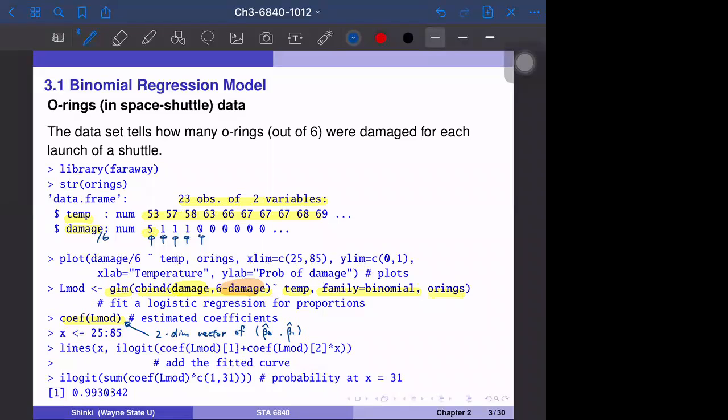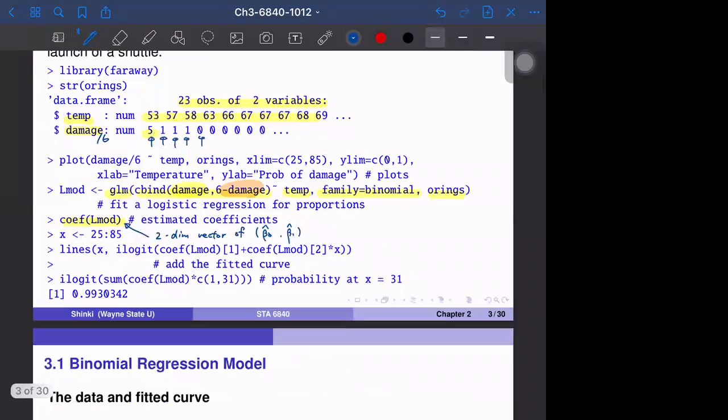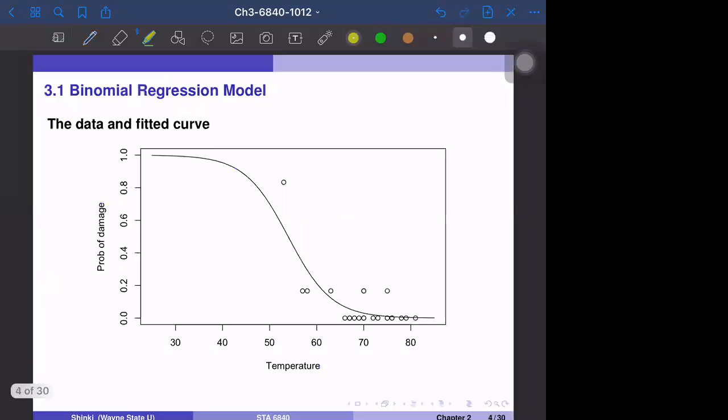So we have a plot. We have the 23 data points here. You can see that the higher the temperature, the lower the probability of failure, the failed O-rings.